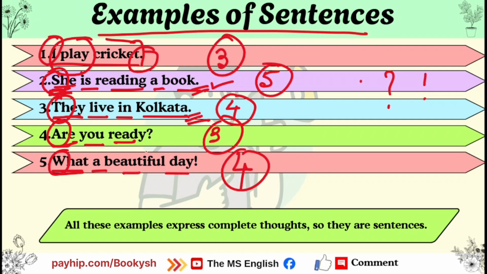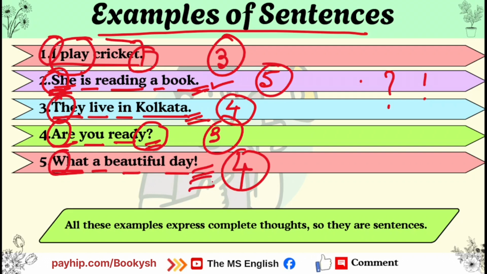In the fourth sentence, as this is an interrogative sentence, we can see this sentence has been ended with a question mark. In the fifth sentence, this is an exclamatory sentence, so this sentence has been ended with an exclamation sign.